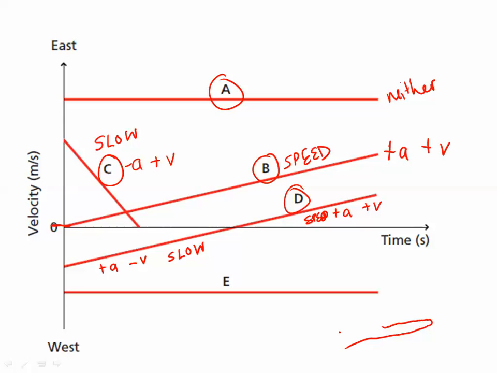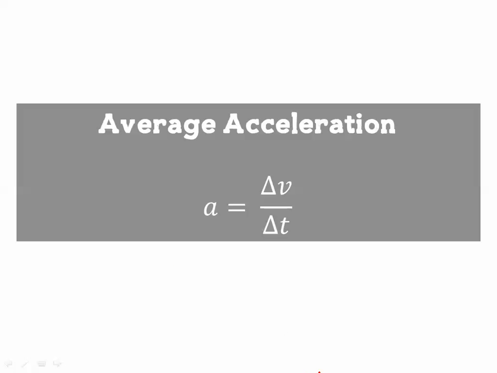Because the velocity changes from a negative velocity, meaning it's moving to the left, and it ends up in a positive velocity, meaning it's moving to the right. Finally, E, basically the same as A. It's neither, but it has a negative velocity, unlike A, which had a positive velocity. So mathematically, the average acceleration is defined as the change in velocity over the change in time. We've already discussed that.